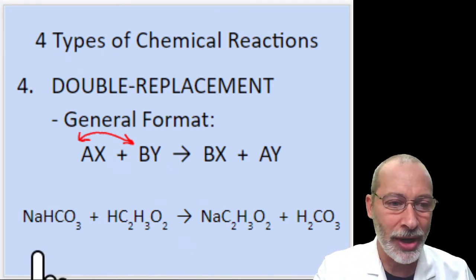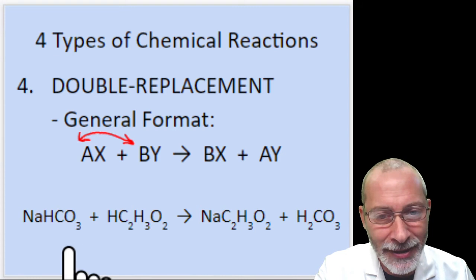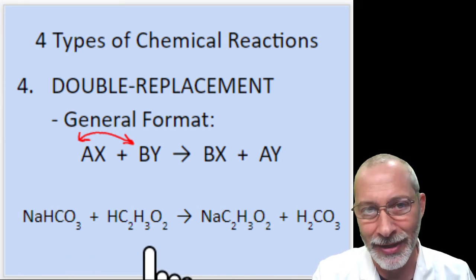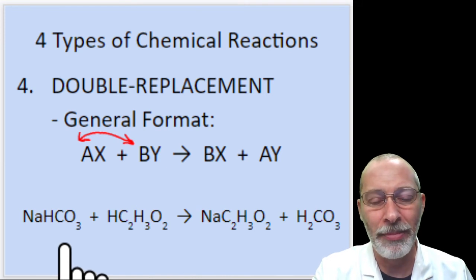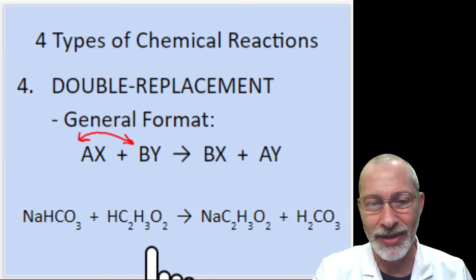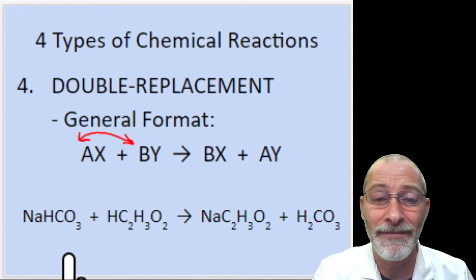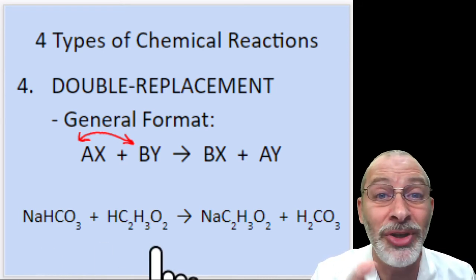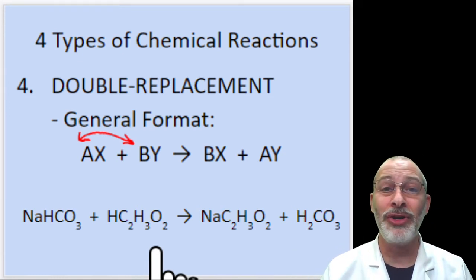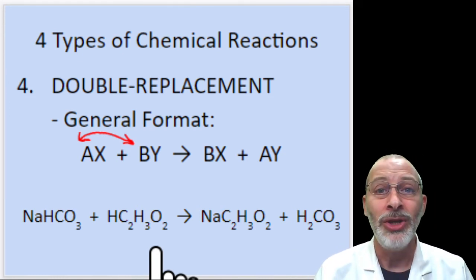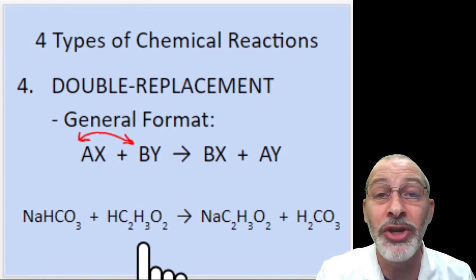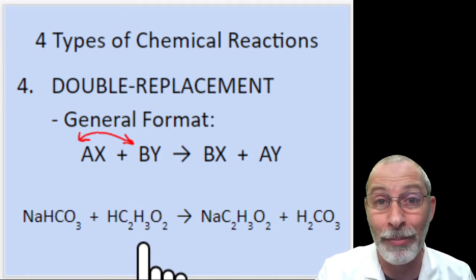And it illustrates sodium bicarbonate being added to acetic acid. Sodium bicarbonate and acetic acid. Do you know what those two things are? Baking soda and vinegar. This is something you could do at home. I'm sure you have some vinegar and baking soda around. You could put some baking soda into a little container and add some vinegar to it and watch what happens.